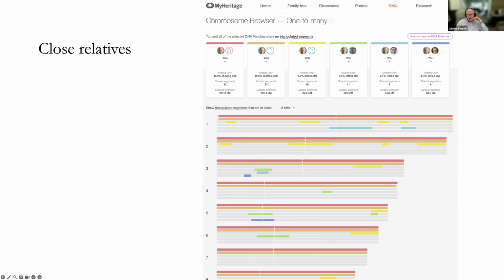And if there are matches, perhaps that would be able to do it. And now MyHeritage will let you upload a number of the other companies' tests. So here you will have a very mature family tree structure and a lot of records to help you.